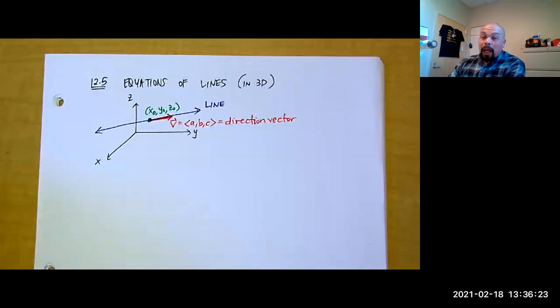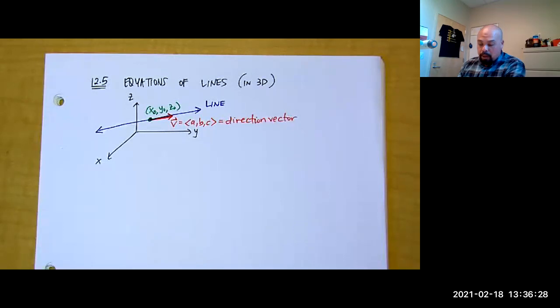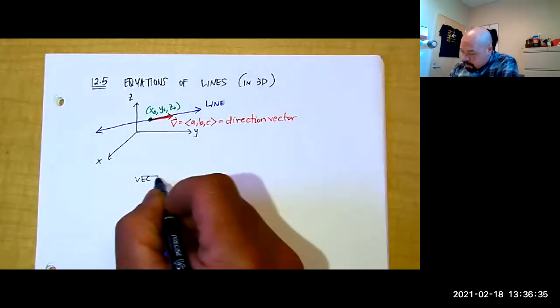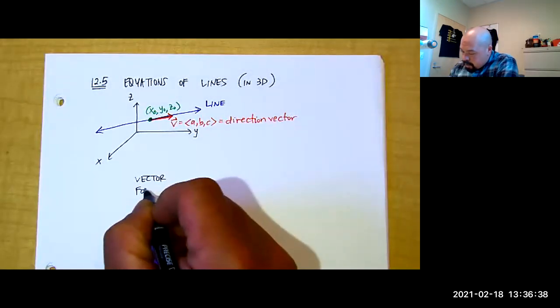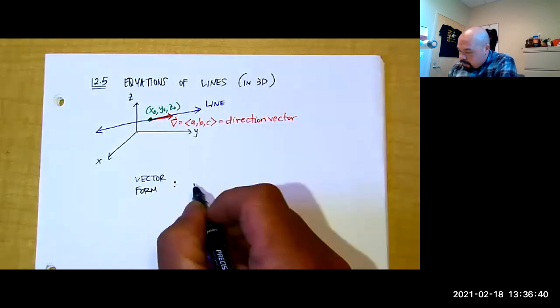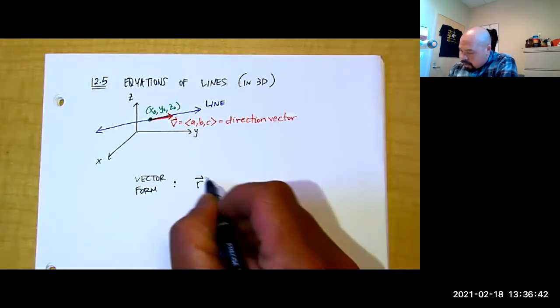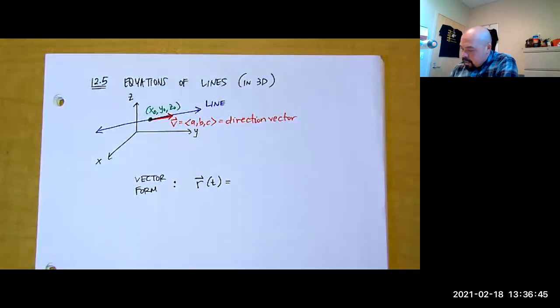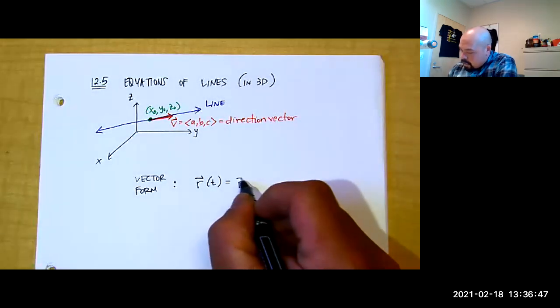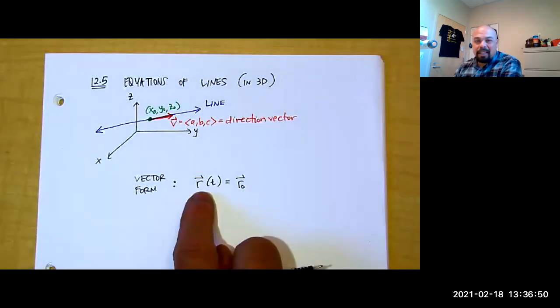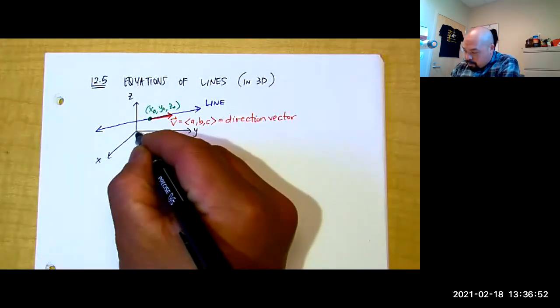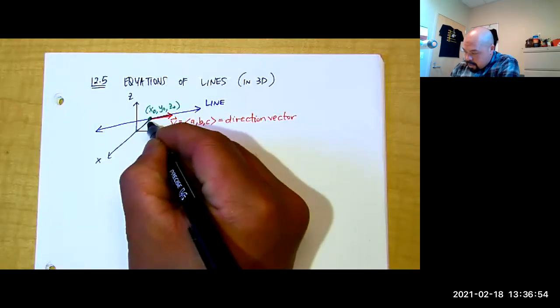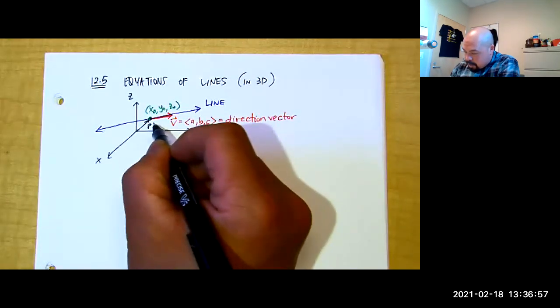The way we write the equation for a line, we can imagine it with 2 pieces, as a kind of vector form of that line. r of t is going to be this r naught. r is kind of this radial distance: if I point from the origin to that line, that's my r of t.